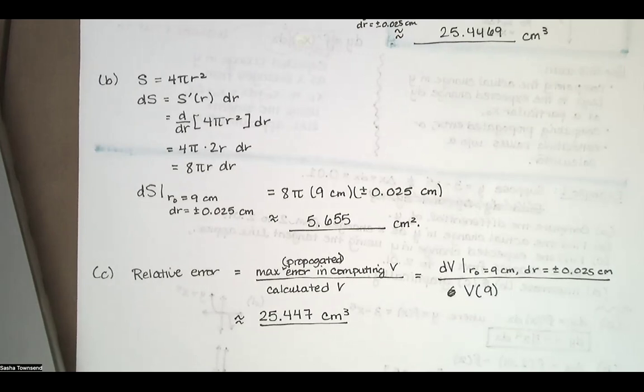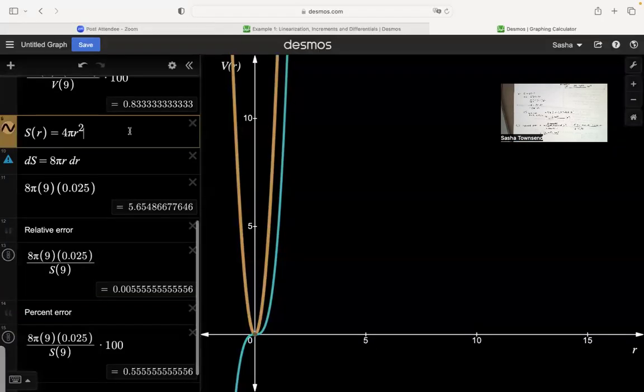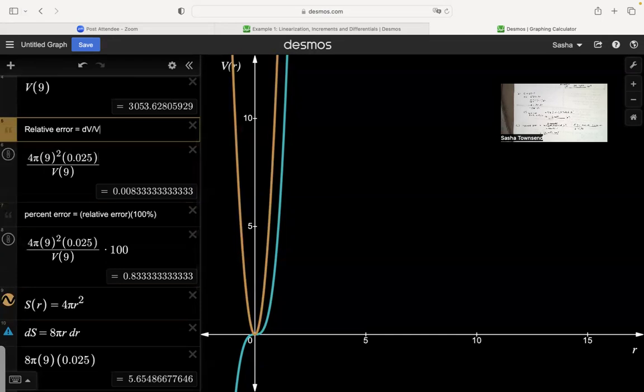And I don't actually remember what that was. So it was approximately 3,053.628 centimeters cubed.